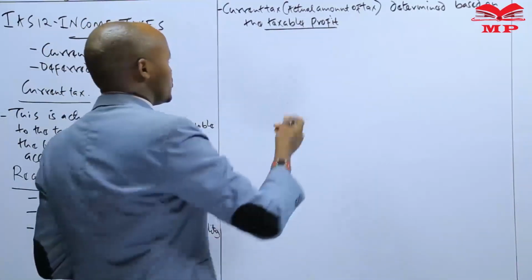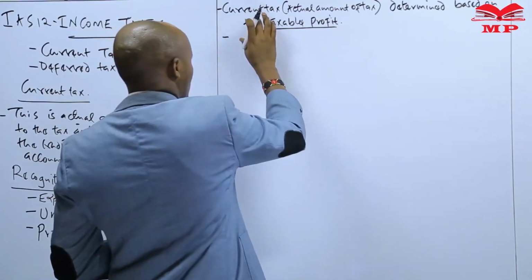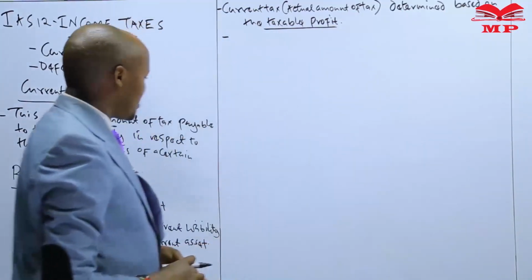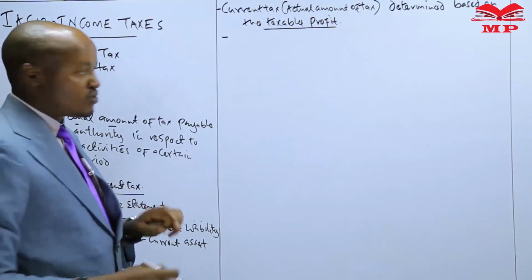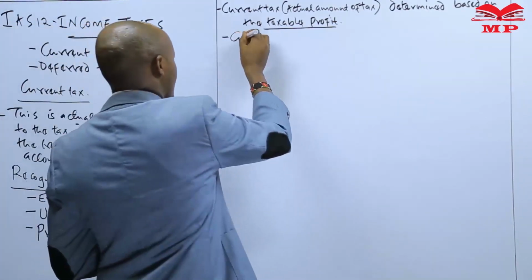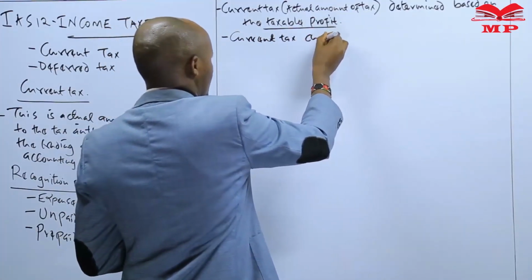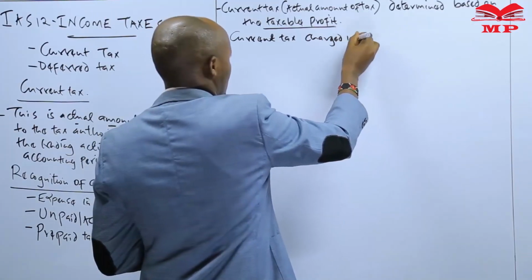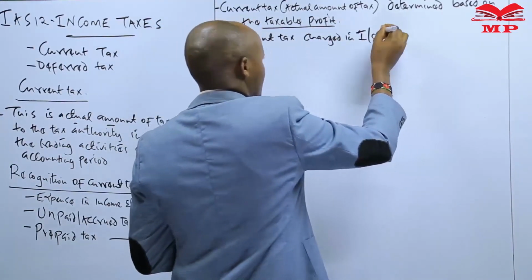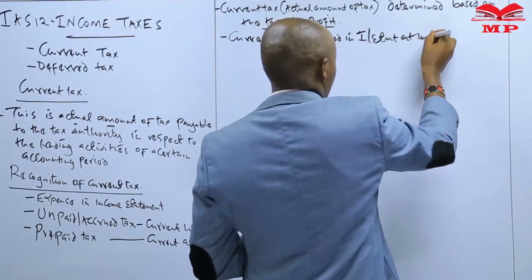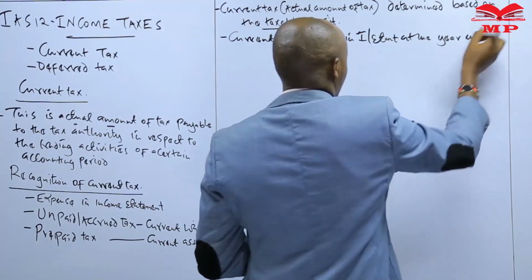And therefore, what you need to note is that at the end of the year, the amount of tax which will be charged in the income statement is usually a provision. Is usually what? A provision, meaning that the amount of current tax which is charged in the income statement at the year end is usually a provision.